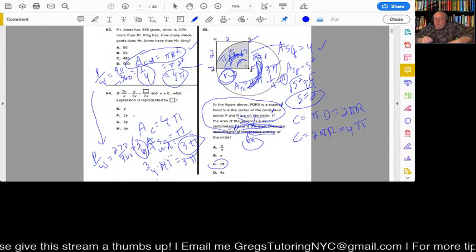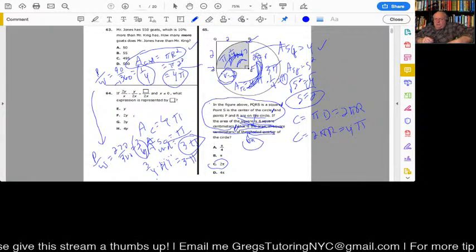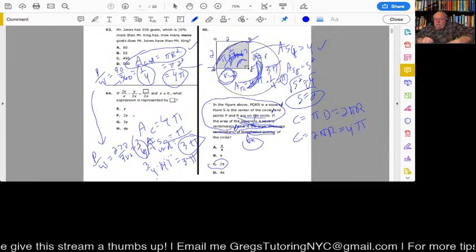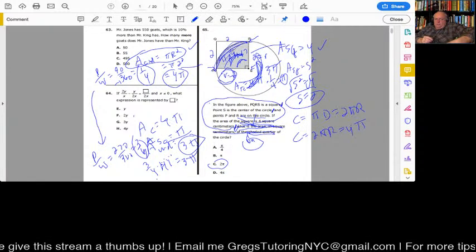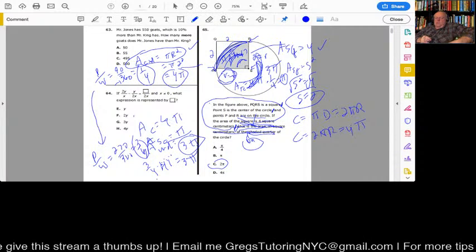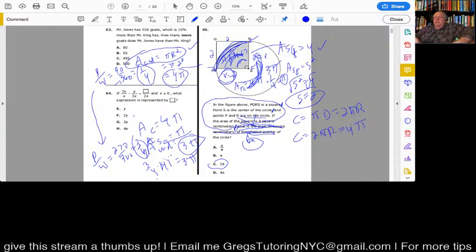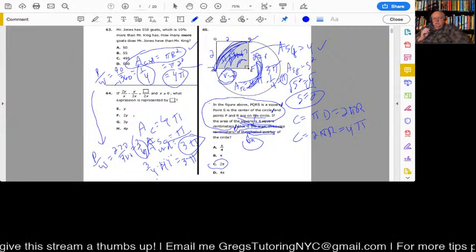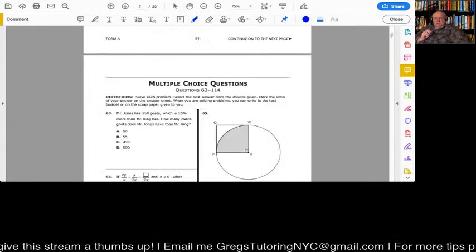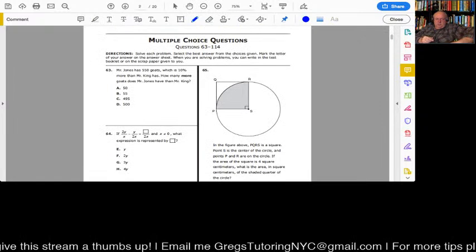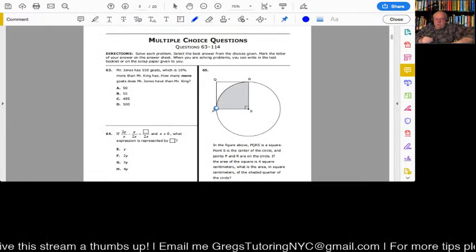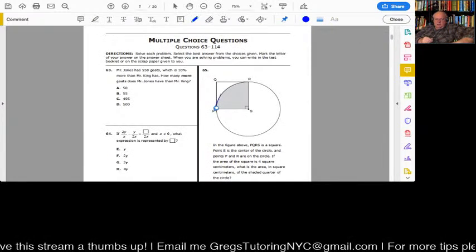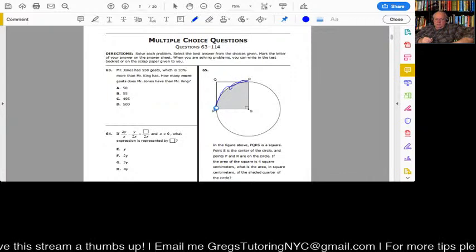Okay? If I asked you what was the circumference from here to here? In other words, the question was, what is the length of the arc inside the square? Actually, I have additional ones of this. So just to be clear, if they ask what was the length of the arc in here, right?